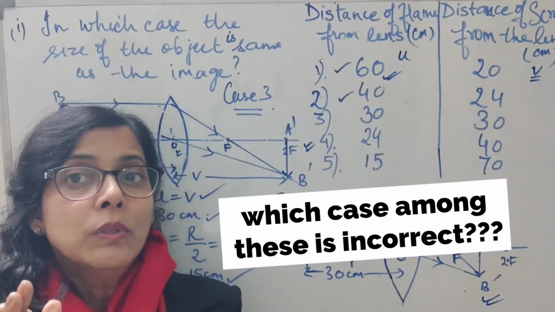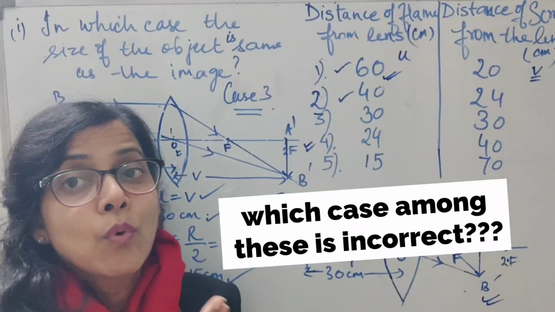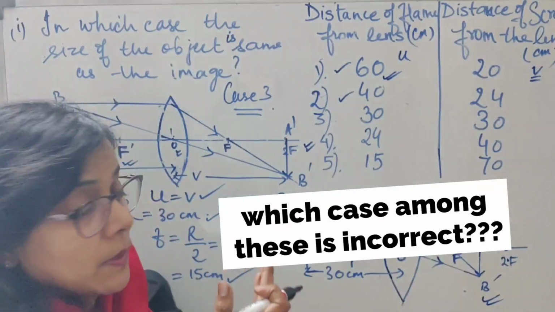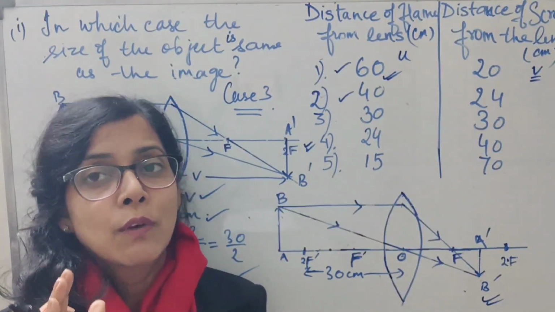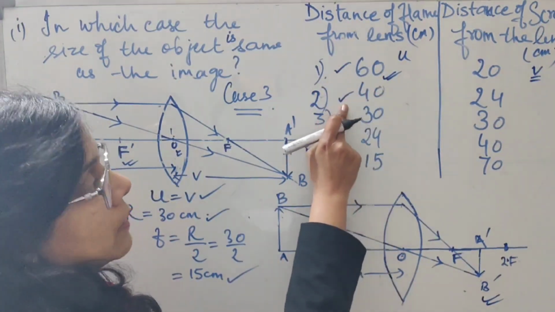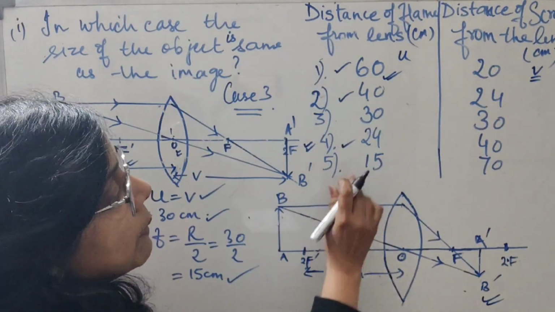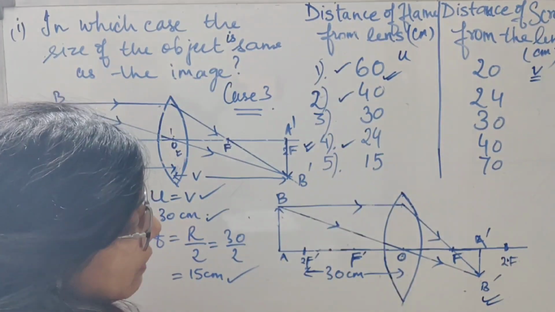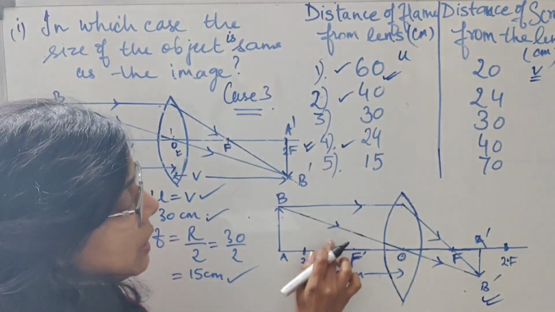Now the last question which comes here is that out of these 5 cases, which one is incorrect? So for incorrect cases, see first case we have done, second we have done correct, third already we have discussed. Now see the fourth one. If we talk about the fourth, here u is 24. 24 means it is kept somewhere between f and 2f, somewhere in between here.